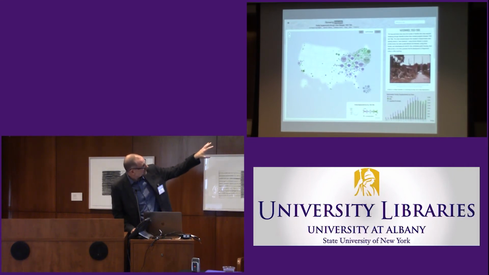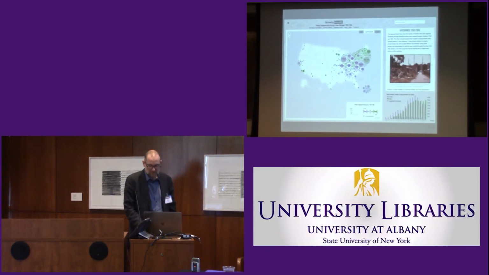The color of these dots reflects the number of families of color versus white families that were displaced. So the more purple it is means the more families of color, mostly African Americans, but not always, were displaced, and the greener it is means the more white families there were. So Chicago displaced more African American families, New York displaced more white families.